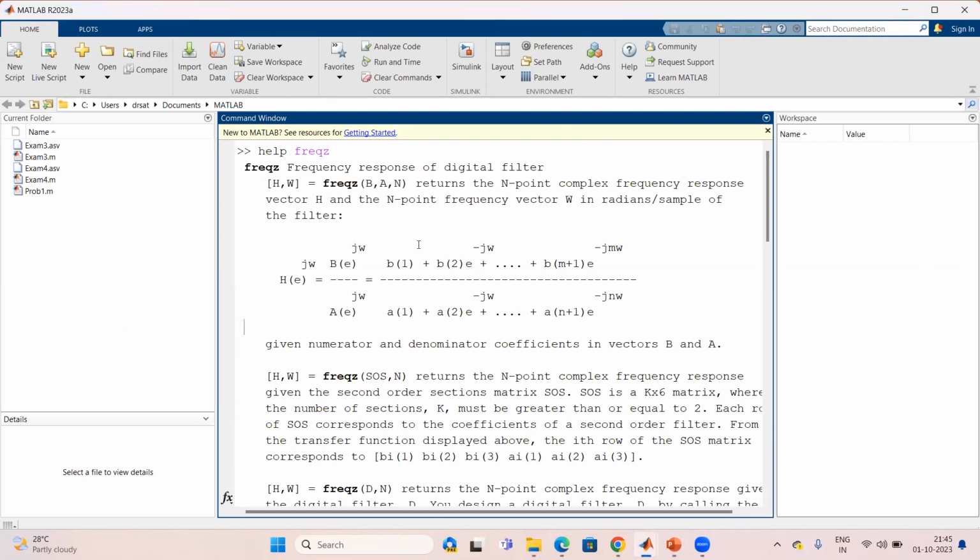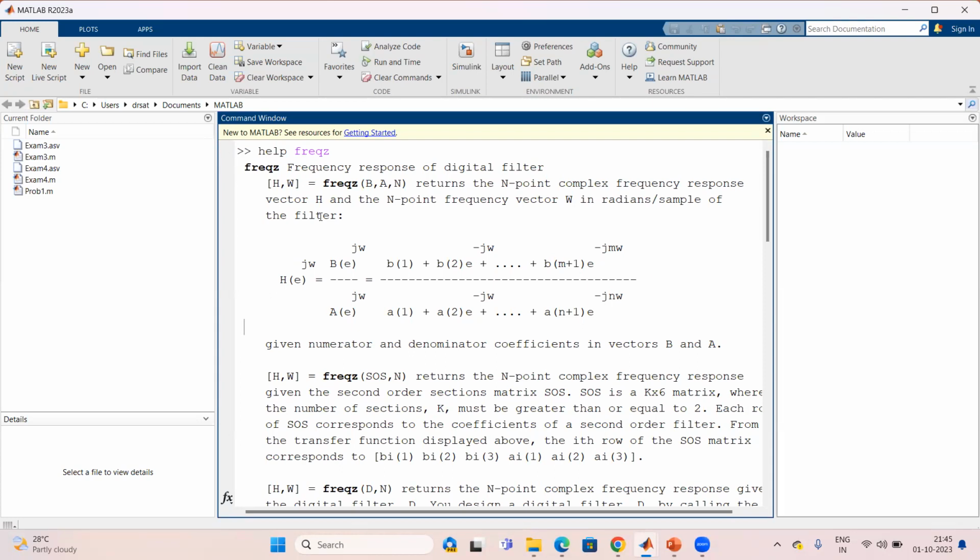It means that we are dividing the whole frequency range, 0 to pi, at equidistant total number of n points. Okay, so this pi will be divided by capital N, and then that value will be equally spaced from 0 to pi. Okay, so that will be creating the vector w.